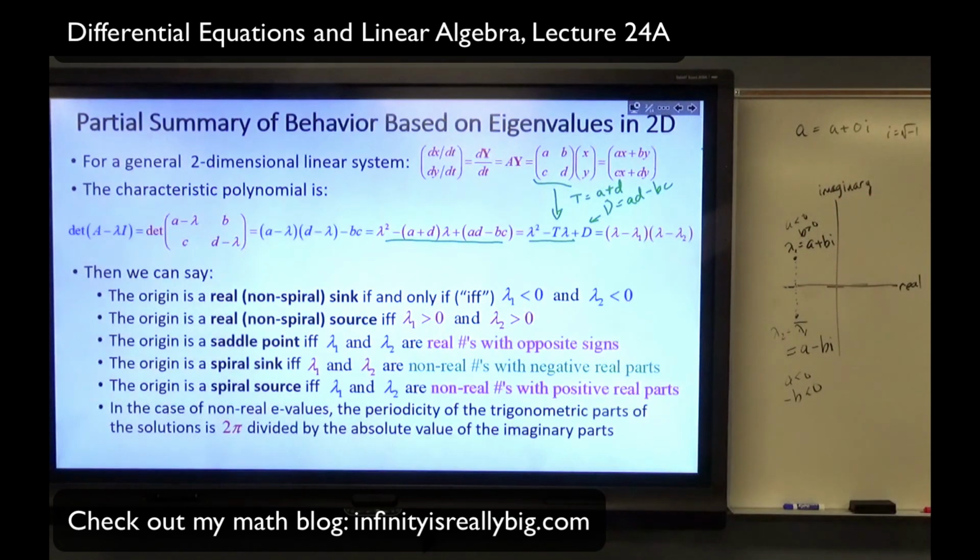In the case of non-real eigenvalues, the periodicity of the trigonometric parts of the solutions that involve cosines and sines is 2 pi divided by the absolute value of the imaginary parts.